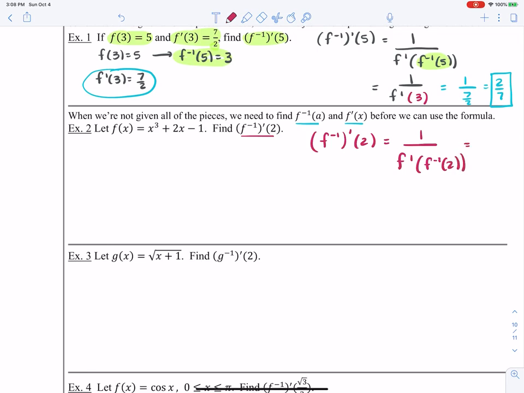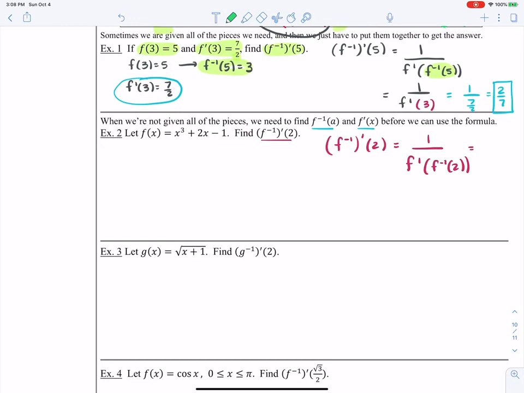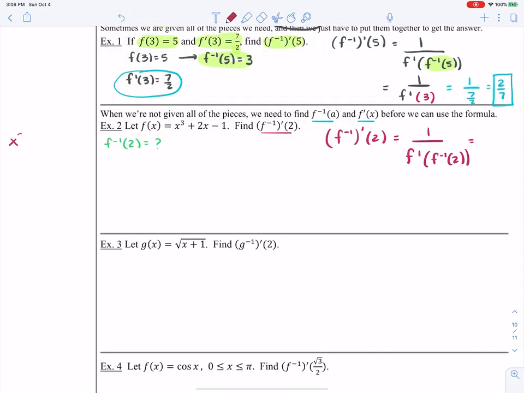So in order to do this, we need to figure out what is f inverse of 2. Now remember, if we're saying f inverse of 2, that means that there was some value when I set my function x cubed plus 2x minus 1, it had to equal 2.